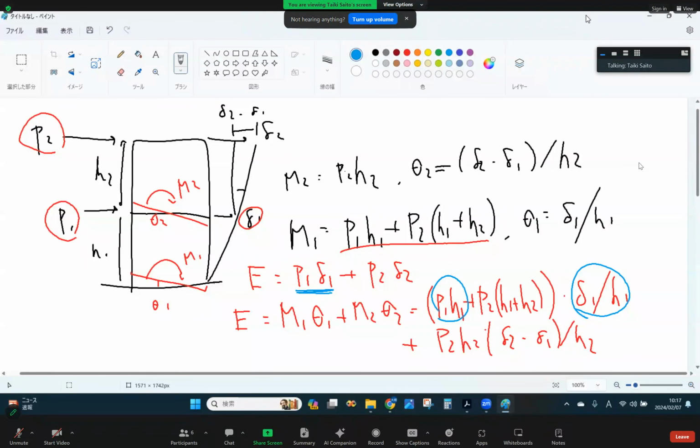And H2 delta 2. This part will be this one. And I hope this part is cancelled, but it is not cancelled. Probably this part will be cancelled each other.